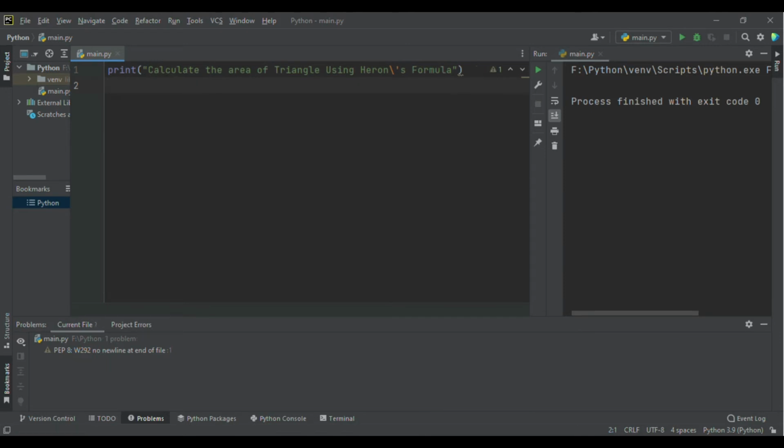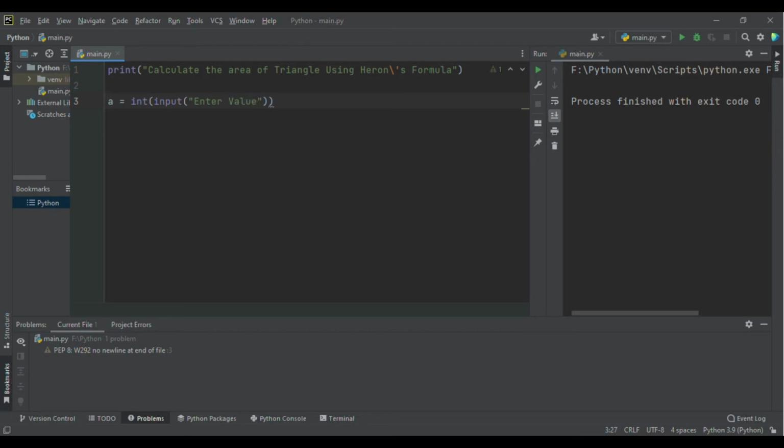After that we have to take the three values of the triangle. So the first side I assign to the variable a, and I am taking the value in integer format. For taking the value we have to provide input, enter value a.